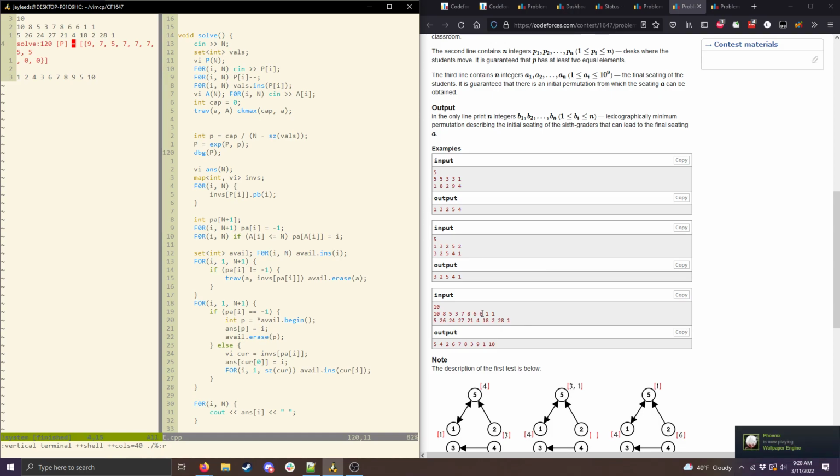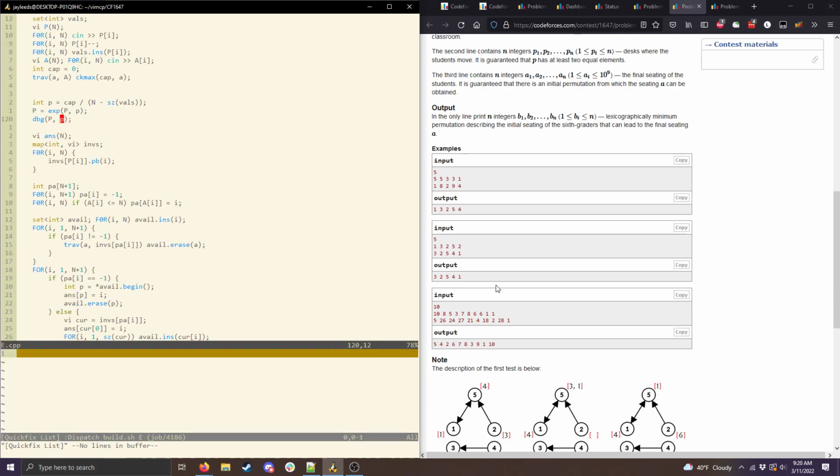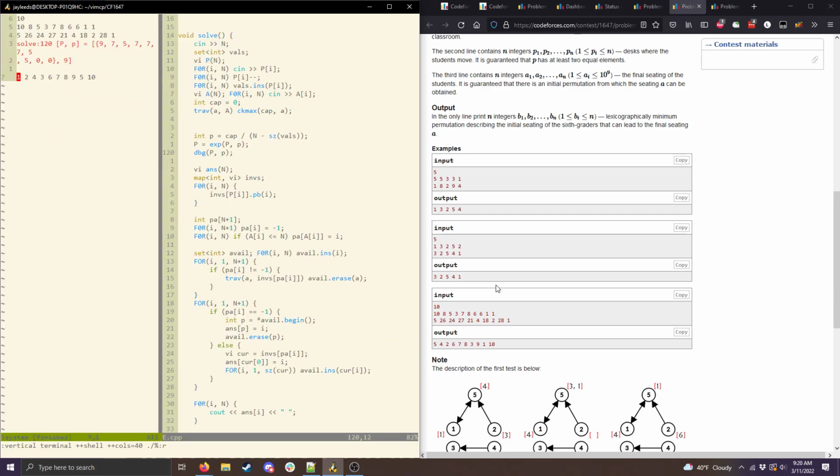2 8s, 2 6s, and 2 1s, so that's 3, and then we get to 28, so we're doing 6 cycles. But this thinks we're doing 9 cycles.